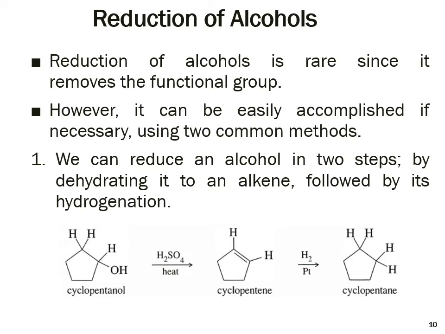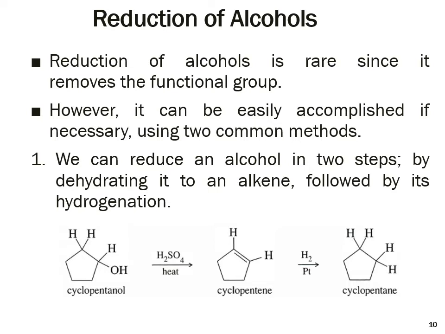And from this alkene, it is very easy to get an alkane by hydrogenating it in the presence of a metal catalyst like platinum. So this is the first method, where you have replaced an oxygen atom by a hydrogen atom. If you look at the original molecule, cyclopentanol, there was an oxygen atom on the carbon.